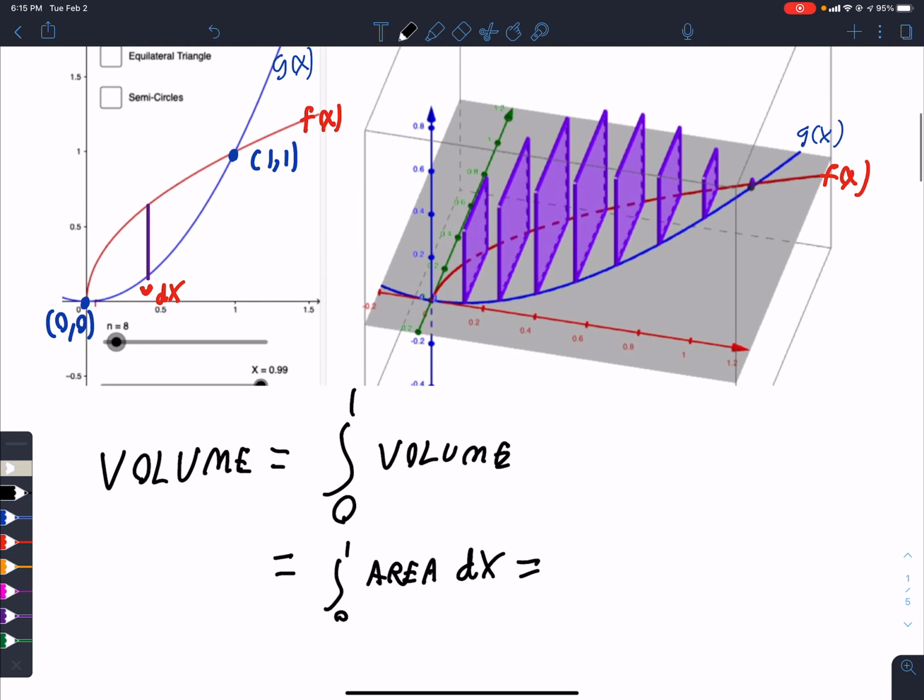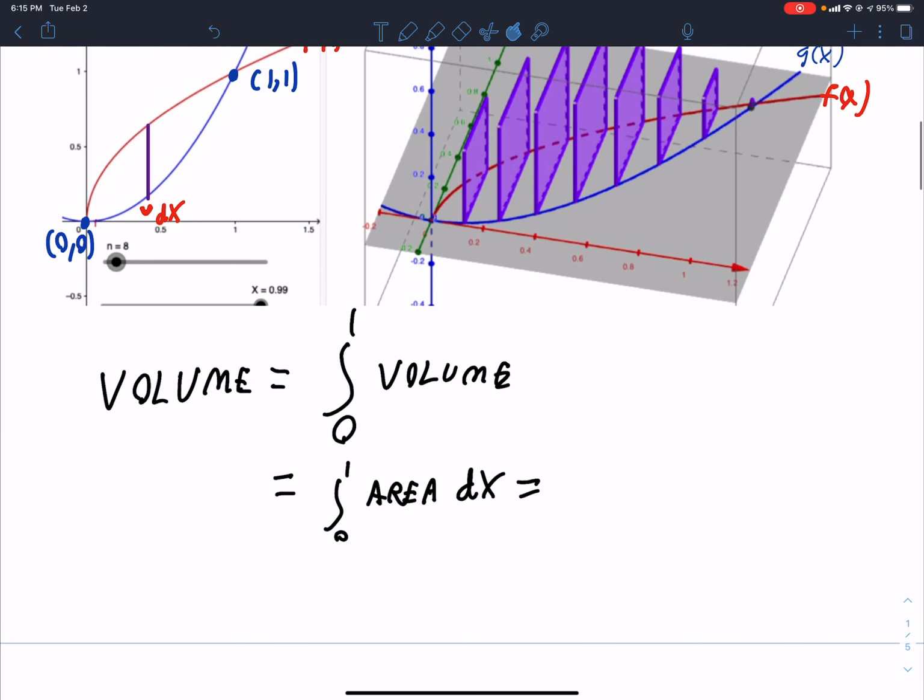But what shape is this? This is a square. The area of a square is base times height, but since base and height are the same, we'll call it b squared. And so here we'll call this side b, but this here is the base there, so I will label this b, right?